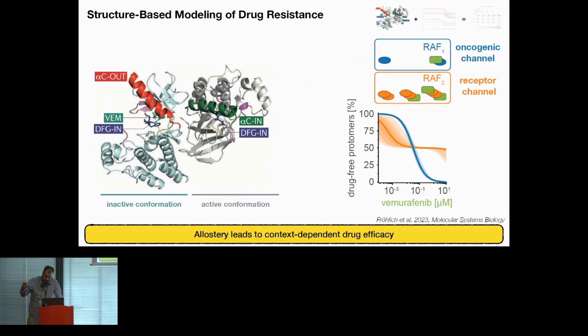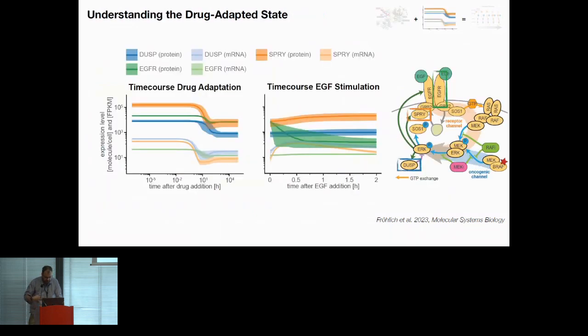And we only encode the general mechanisms here in terms of allostery using a thermodynamic framework that encodes the relative affinity in terms of Gibbs free energies, and the model training then learns the extent of these different properties from phosphorylation data without any insights into the exact structural properties here.